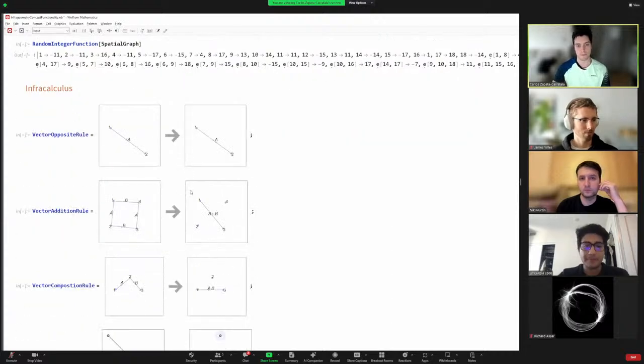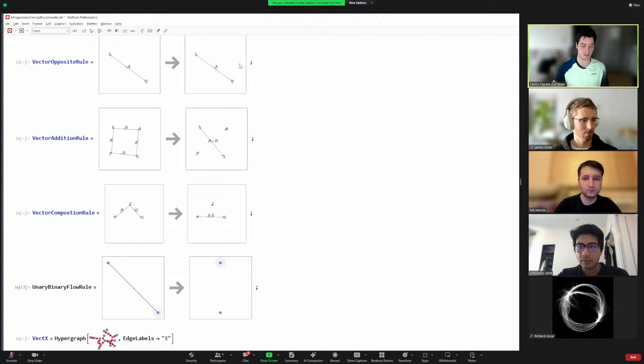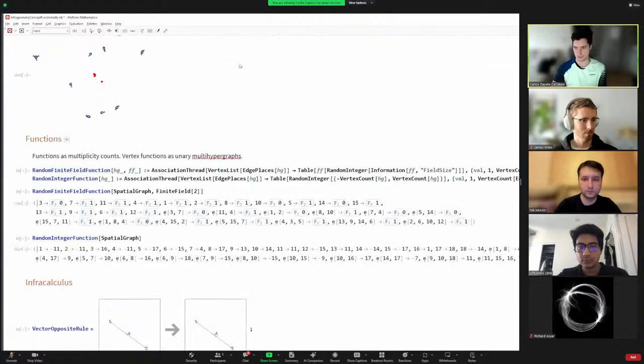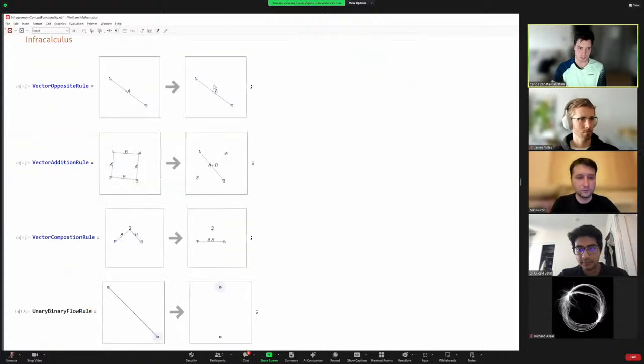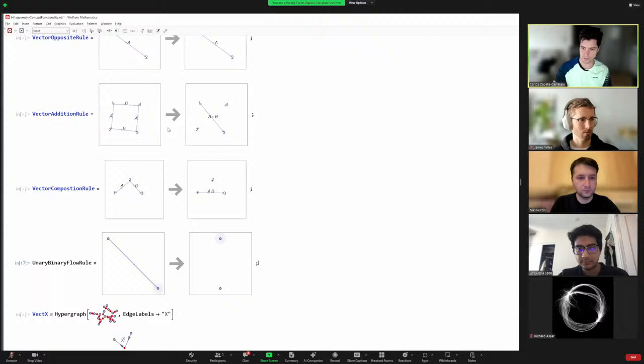I was suggesting that if we have a well understood notion of paths and tangent structure, which is basically what we recapped last week, I think that we should have a fairly easy time defining what a directional derivative should mean, or what it means for a function to change along a vector field. So I think the key rewriting rule here, or the key probing mechanism for this kind of construction, is going to be this unary binary flow rewrite rule.